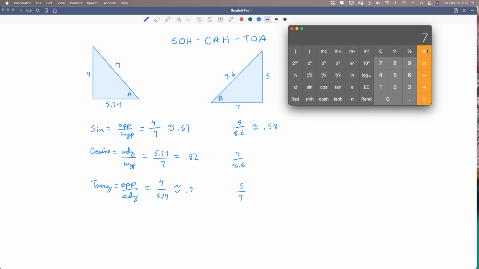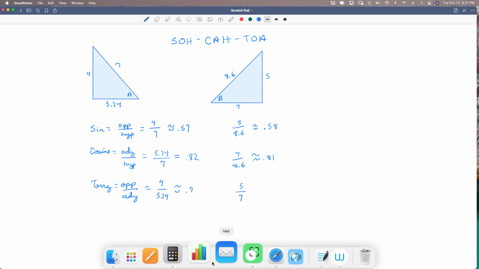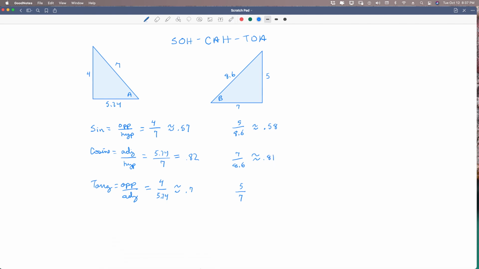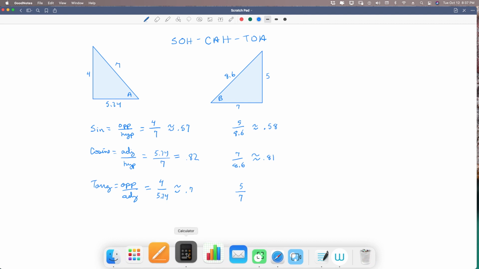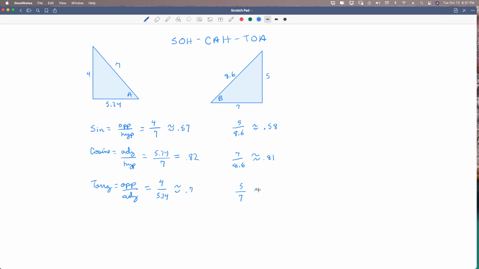That's 7 divided by 8.6, so it's approximately 0.81. So let's look at 5 divided by 7. Clear that. 5 divided by 7 is approximately 0.71. It's approximately equal to that.